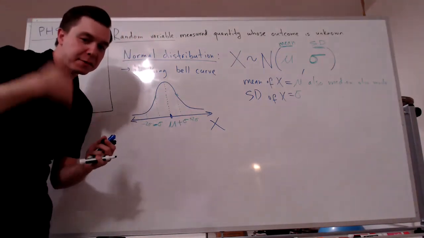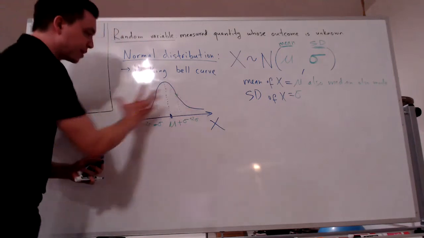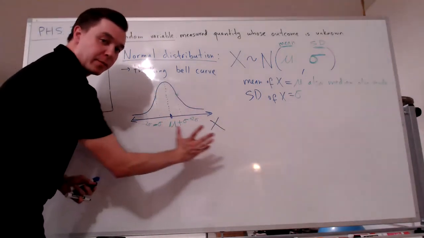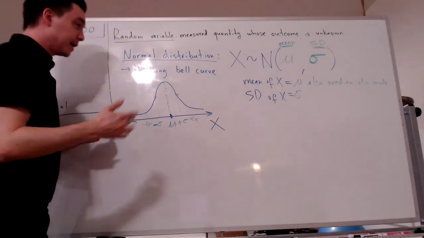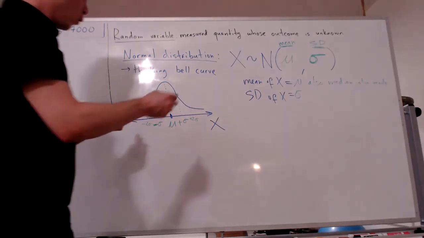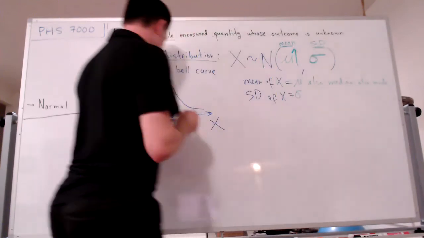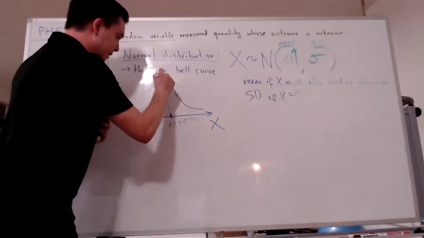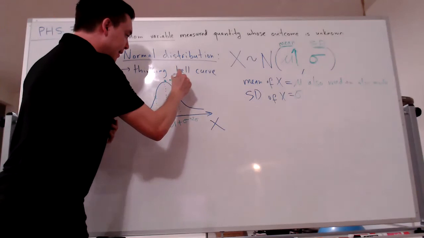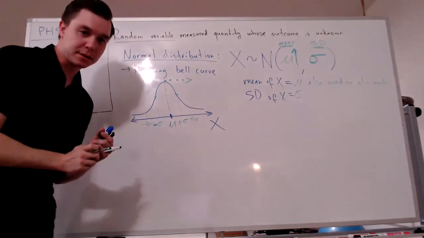So when we say something follows a normal distribution, we're imposing sort of a sliding bell curve. When we increase the mean, for example, we're going to slide the entire thing over in this direction.